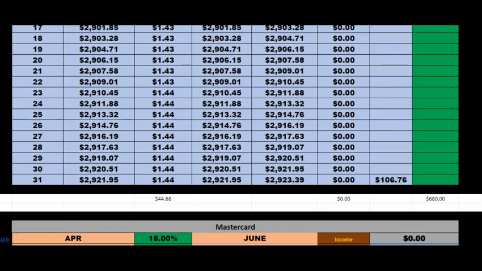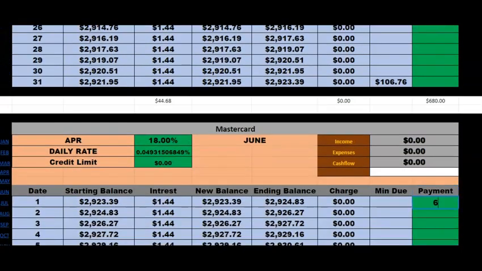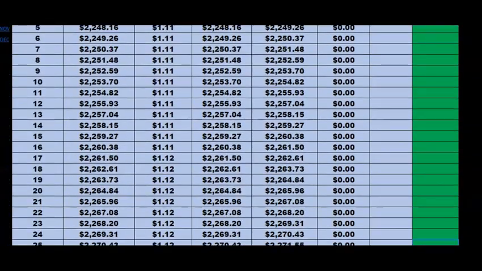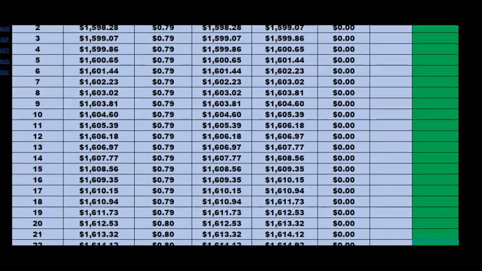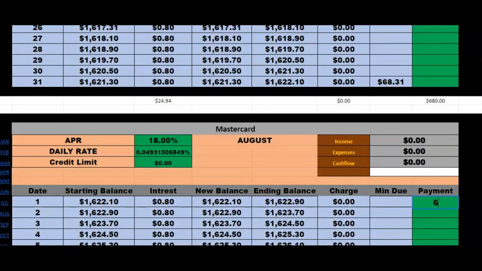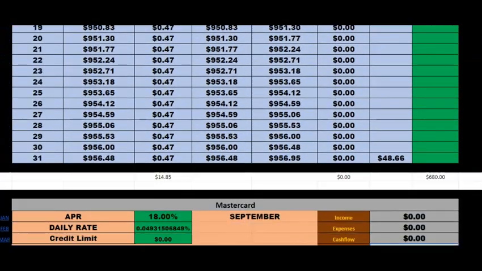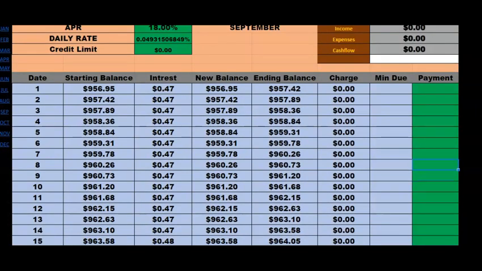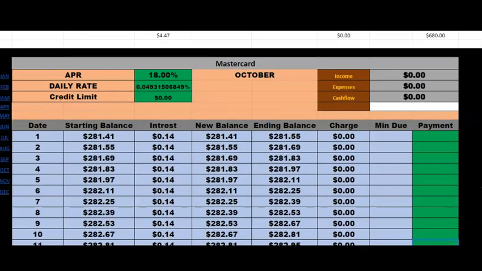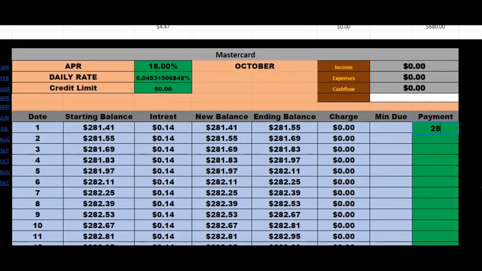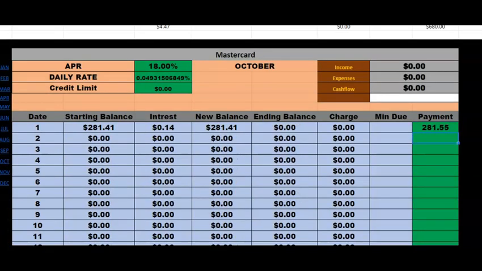So May, June, July, August, September, and in October we'll make that payment of $281.55.